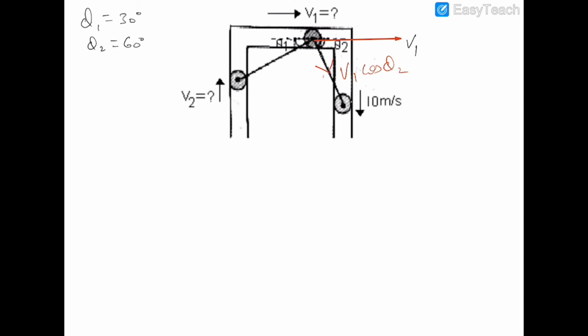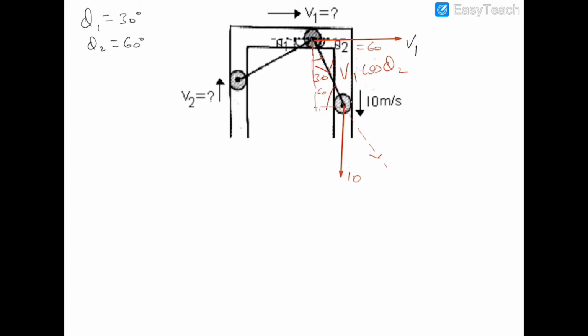Now v1 cos theta 2 is equal to 10. In fact, we have to resolve this 10 also. 10 is like that in downward direction, and if I have to resolve it along the rope, then if this angle is 30, theta 2 is 60, this angle is 30 and this angle is 60.